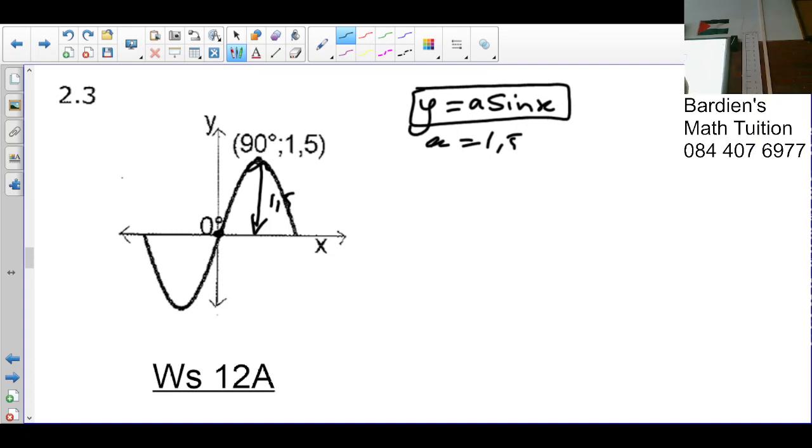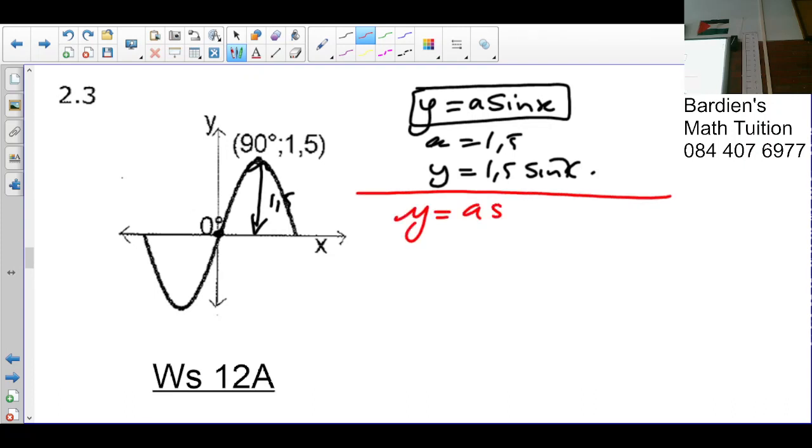So it's going to be y is equal to 1.5 sine x. Now say for instance that wasn't given. Let's say we can't just read the graph like that. Let's act dumb and say, okay, we don't know, this is difficult. And that is the equation given. Okay.